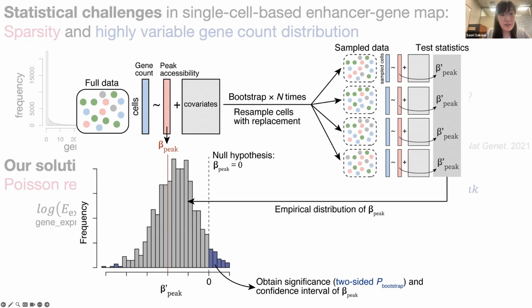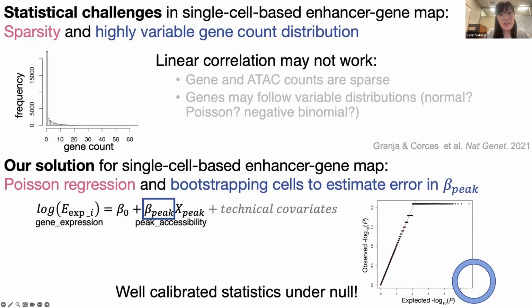So now, after thousands of bootstrapping procedures, we have this beta distribution to empirically estimate how reliable the data is and how we can estimate the empirical significance, or the two-sided p-values, from this empirical distribution. And after we did this procedure, the QQ plot exactly follows what is expected under the null. So we were happy with this calibrated statistics under the null simulation.